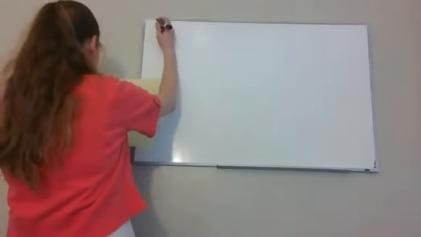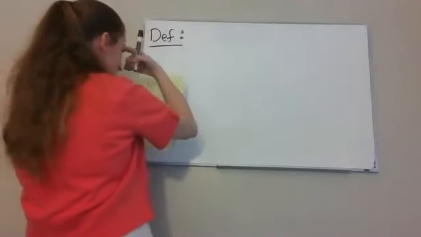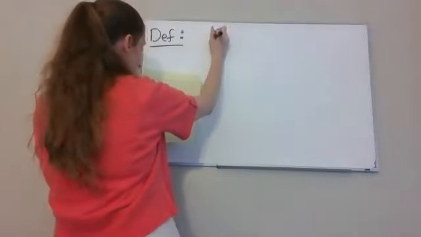So now that we know a little bit about linear equations and lines, and we know about our intercepts from last time, we're ready to learn something called the slope-intercept form of a line.